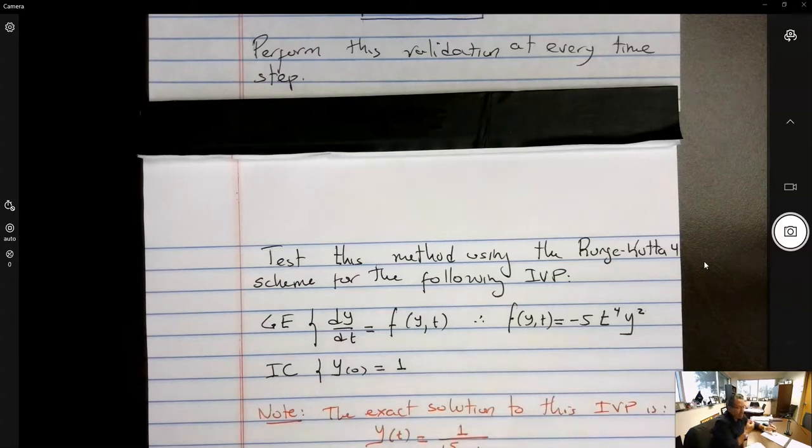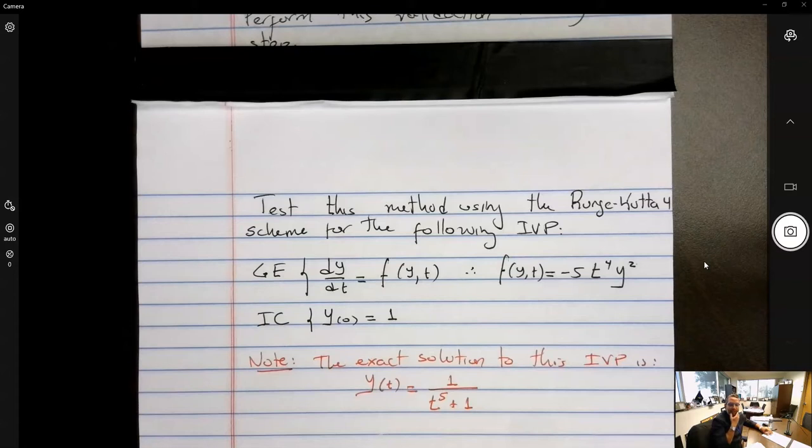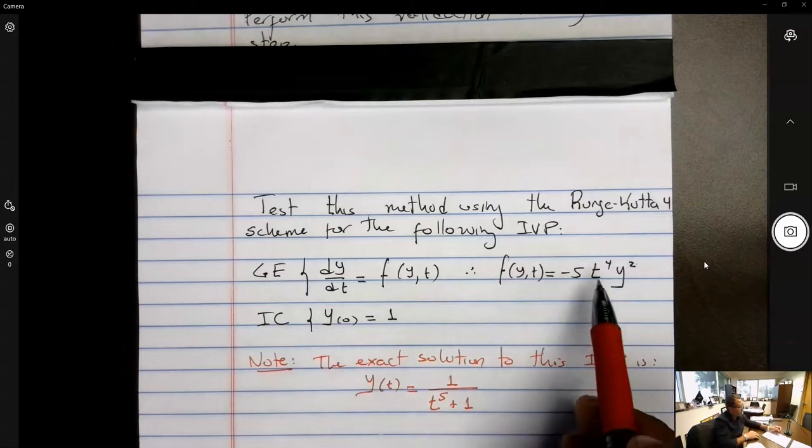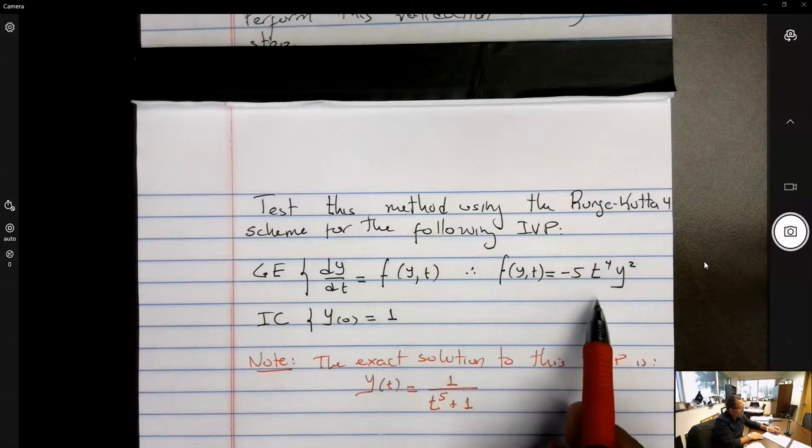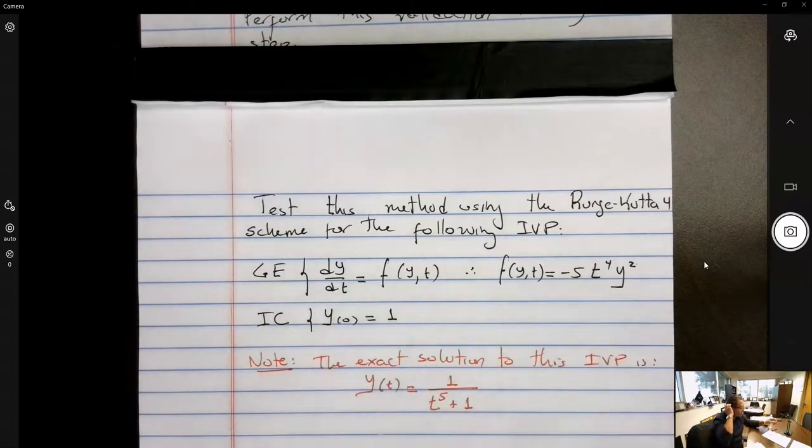I believe we already did this in class. This is a case that happens to be separable, okay? Because you can leave the t's on one side and the y's on the other, then integrate this whole thing, and you get this exact solution.